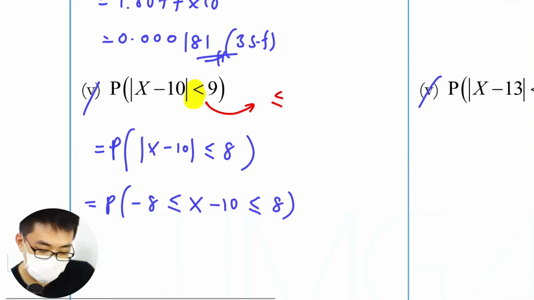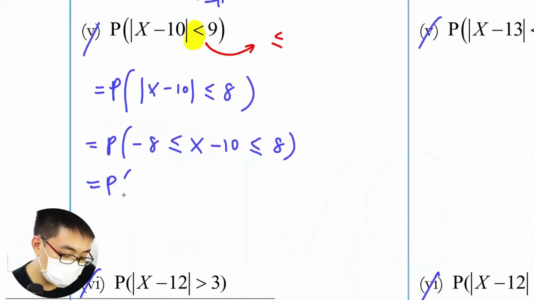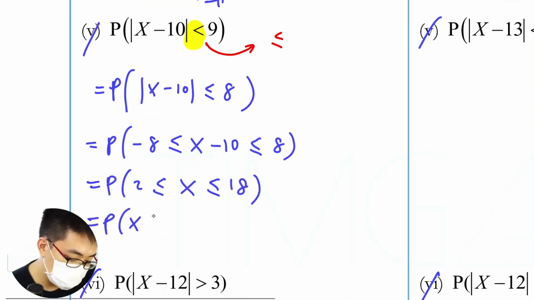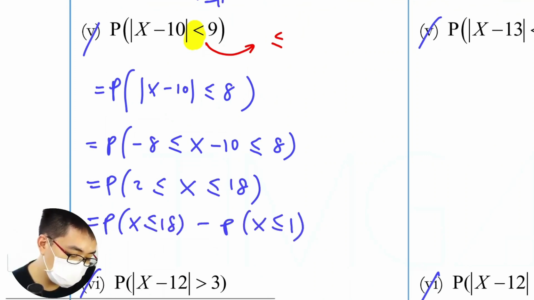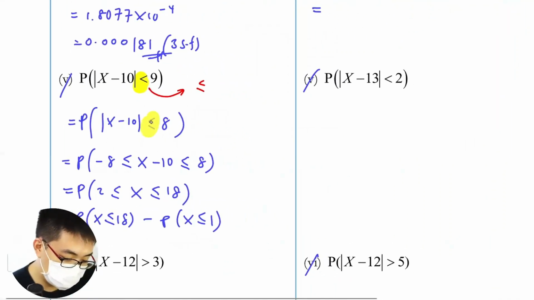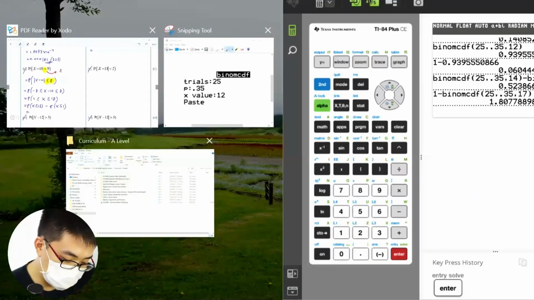Okay. Then you just do the same thing. Then add 10 both sides, will be 2. Okay, then you just do, there you go. Change this to equal sign first. Then you just do that.